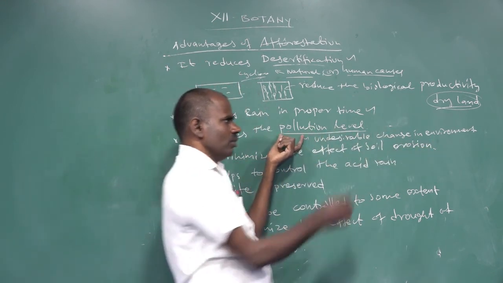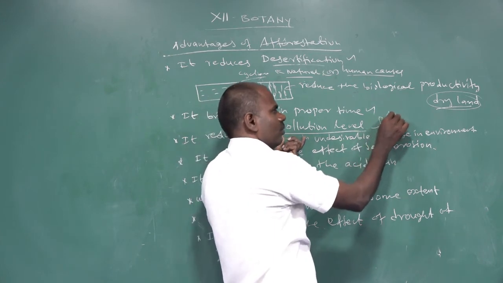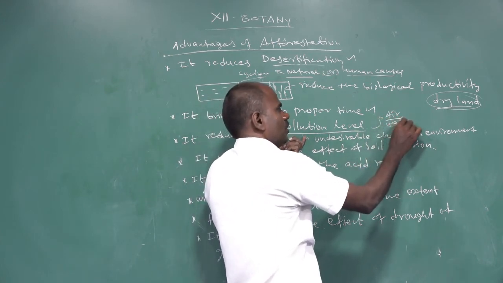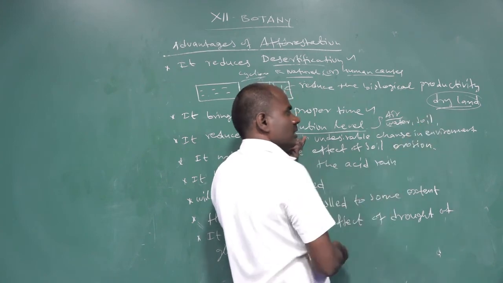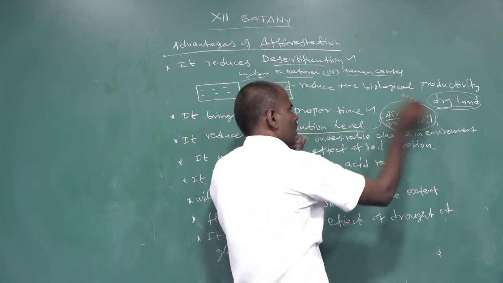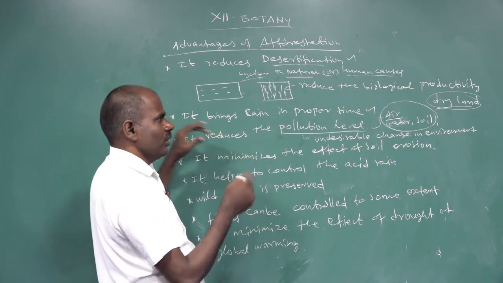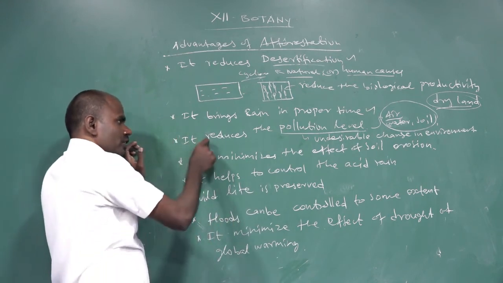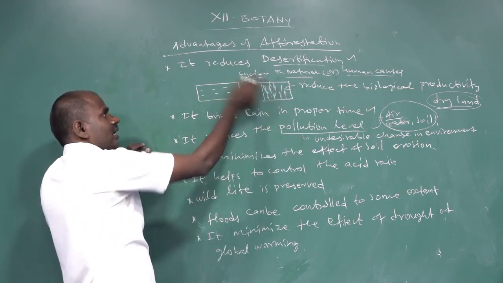There are different types of pollution: air pollution, water pollution, and soil pollution. These pollutions are created by pollution agents. Afforestation reduces the pollution level.